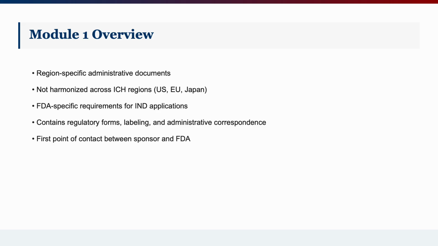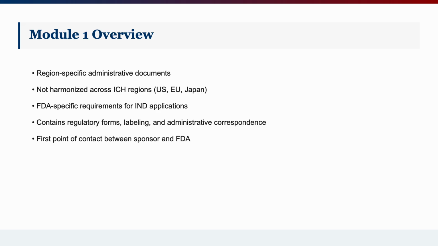For the United States, Module 1 contains FDA-specific documents and forms. The European Medicines Agency has its own version with different administrative requirements, and Japan's PMDA has yet another set of requirements. So if you're filing globally, you'll need to prepare different Module 1 packages for each region while Modules 2 through 5 remain essentially the same.